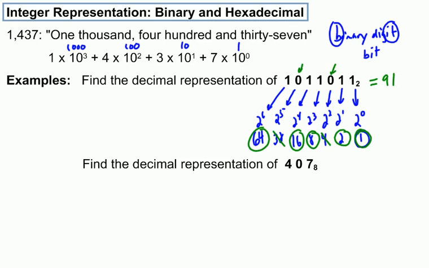Now, this strategy can be applied to basically any base we want. We're mostly going to focus, as I said, on the binary and hexadecimal bases. But just for example, let's do one for base 8 over here. The first digit represents 7 times 8 to the 0 power. The 0 means we have 0 times 8 to the first power.